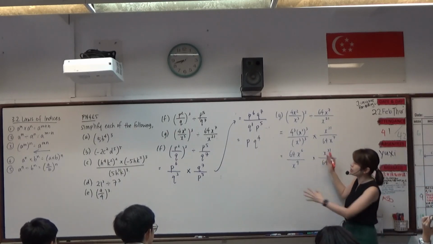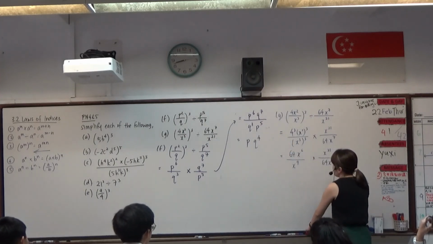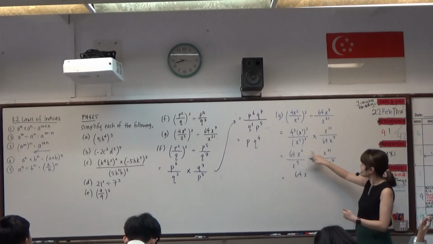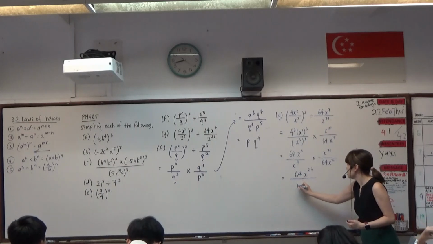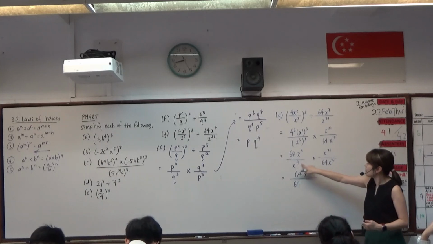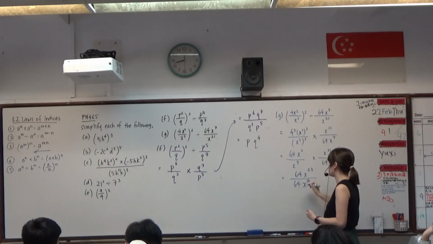That's why I would recommend that you also merge everything together like what we did here, to get 64x to the power of 6 plus 21, that is 27, over 64 again. Then x to the power of 9 times x to the power of 7, that will give us 9 plus 7, 16.